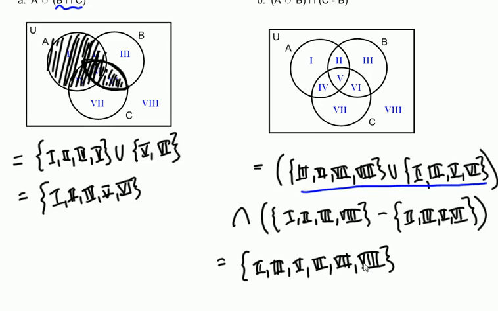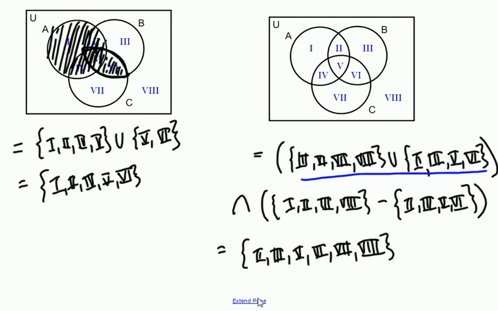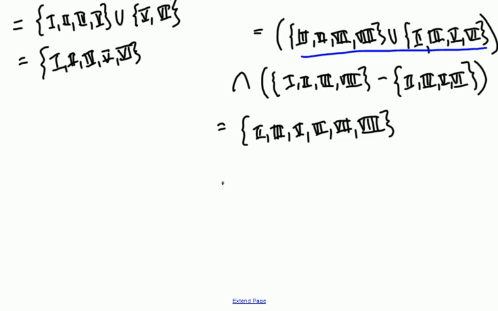Okay. Now I need to intersect that with this set difference over here. Remember, with the set difference, you always start with the first set and you remove anything that also shows up in the next set, but you don't throw anything else into it.